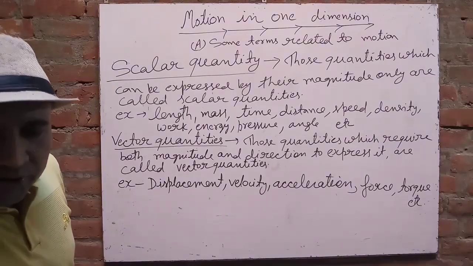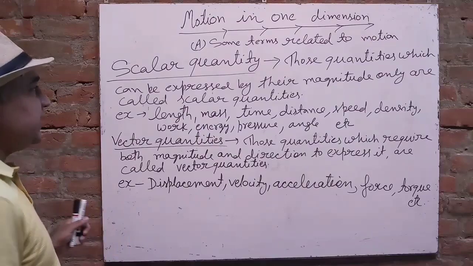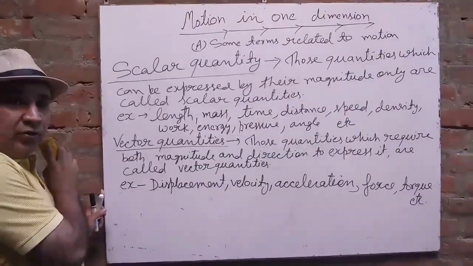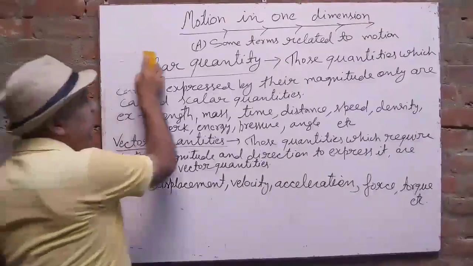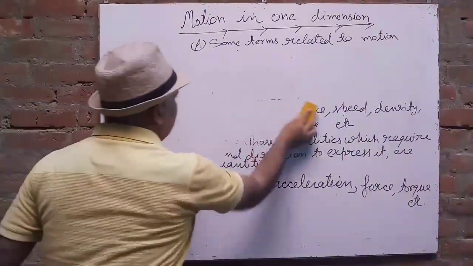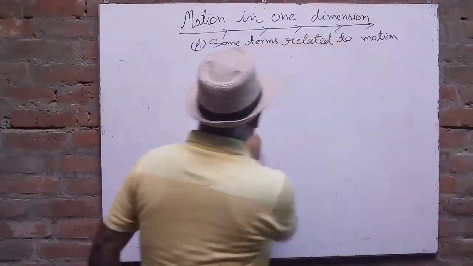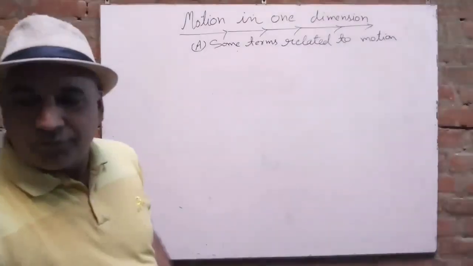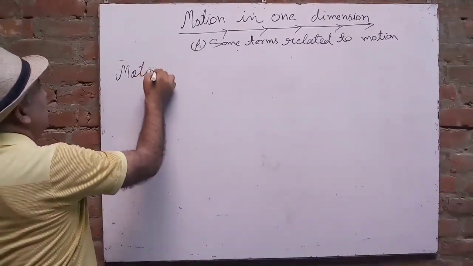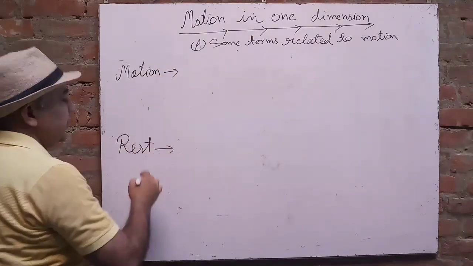Understood? We have studied scalar quantities and vector quantities. Now we are going to study the rest position and motion position. To write it, you can pause the video and note it down. Motion and rest.